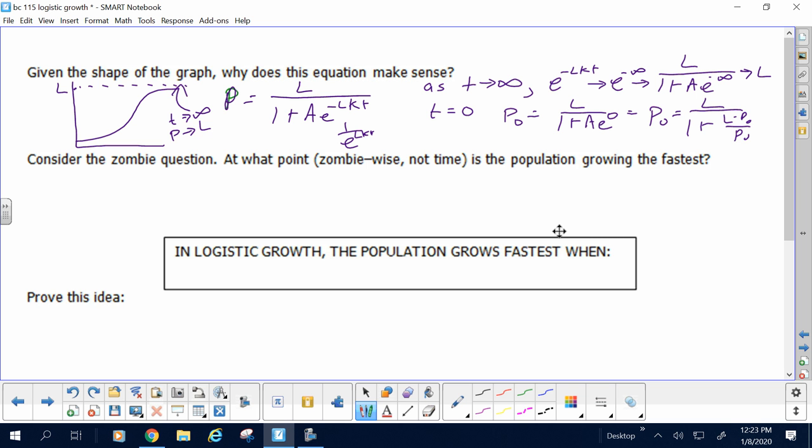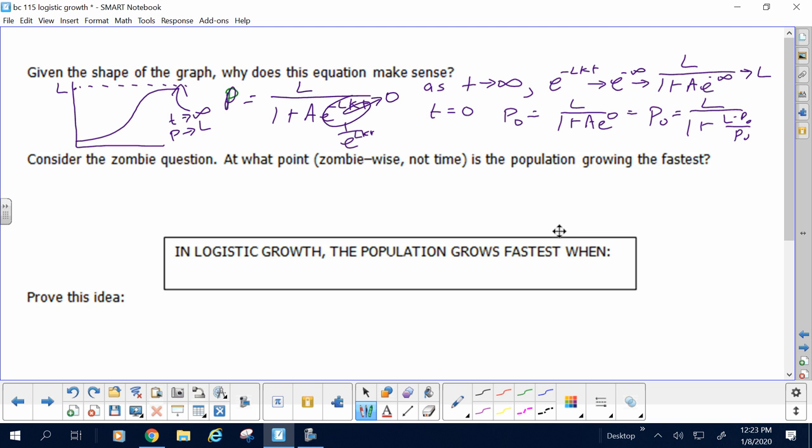As time gets really big, this e gets really big, and therefore this approaches 1 over big, so it goes to small, yeah? And if that goes to 0, then A times 0 goes to 0, and population approaches L over 1 only, so population approaches L. The equation generates the behavior that we expect graphically.